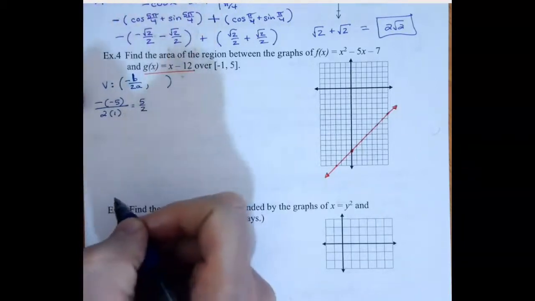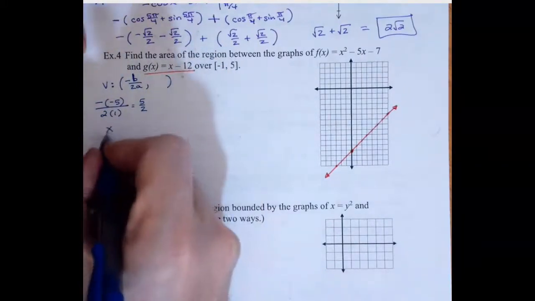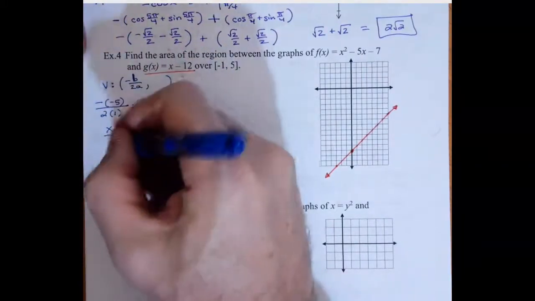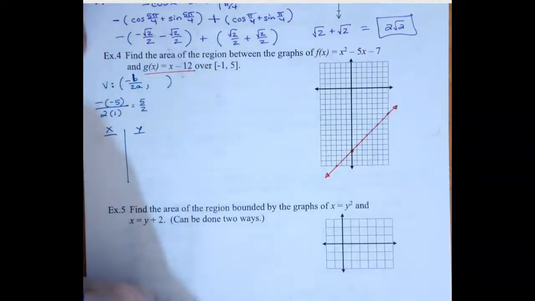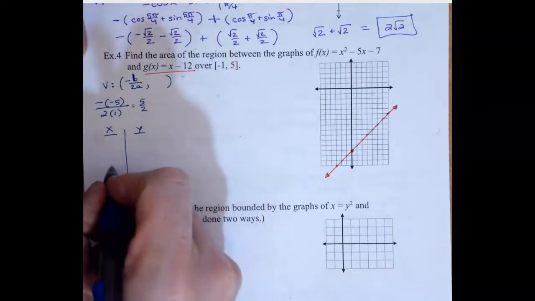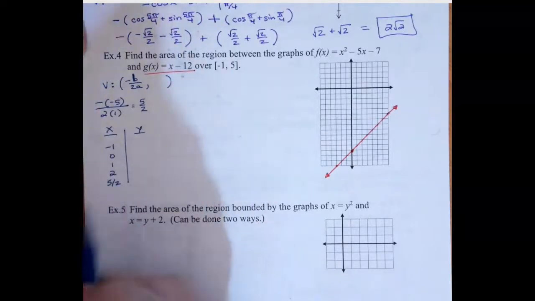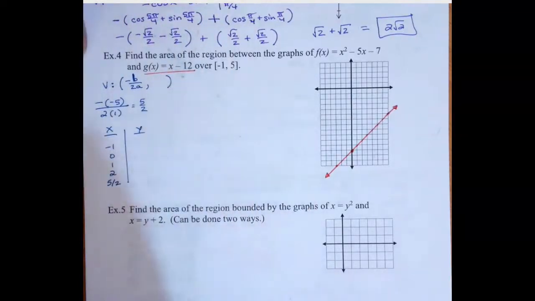So the x-coordinate of the vertex is 5 halves. So not really excited about that. So maybe we can just think about that. So 5 halves is the vertex. So let's try maybe 2, 1, 0. Because these numbers are smaller, it'll be easier to plug in to see what's going on there.